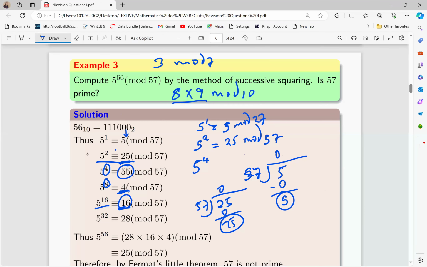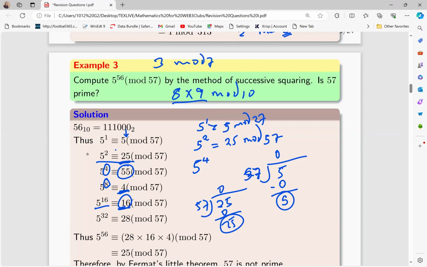This person is asking, what's the remainder here? What do you see? What is the answer here? The answer here is 2. This is 72, yeah. It's 2.